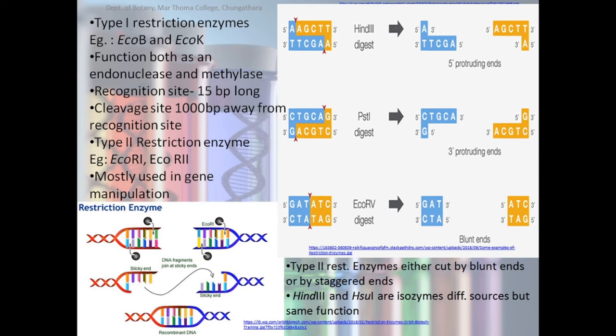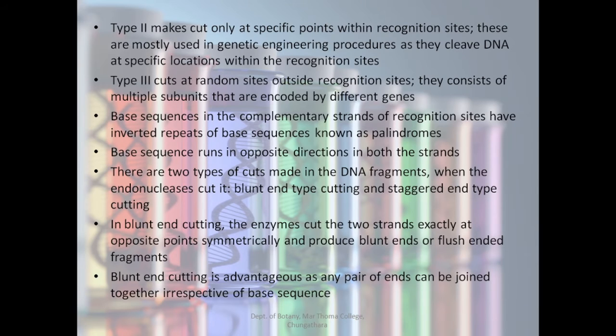Some enzymes are isozymes in function. That is, they are isolated from different sources but have the same function. Restriction enzymes of type 2, examples HindIII and HsuI, are isozymes performing the same function. Type 2 makes cuts only at specific points within the recognition sites.